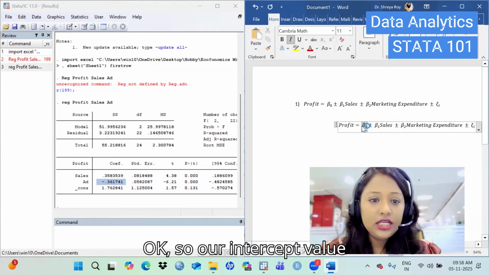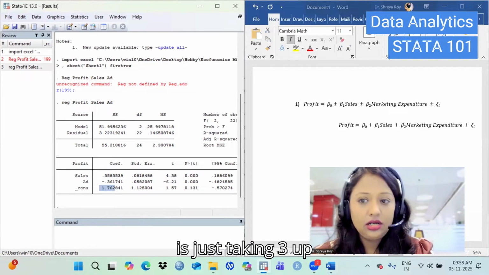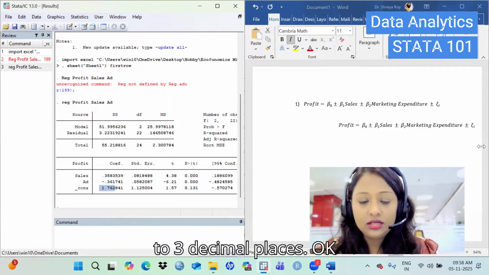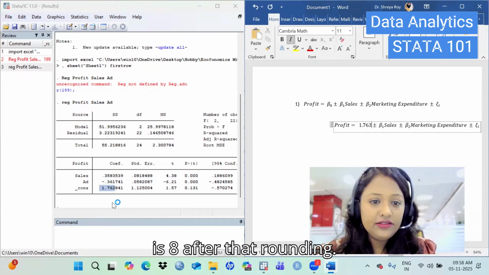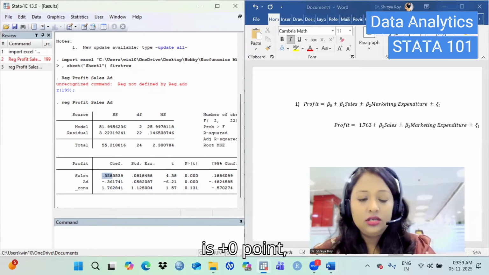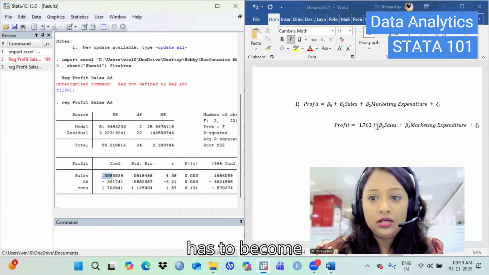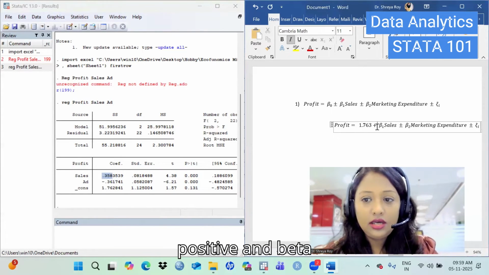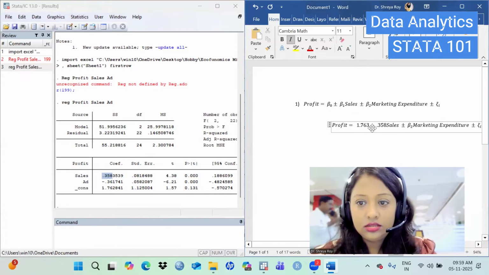Our intercept value, taking it up to 3 decimal places, rounding off because there is an 8 after that. Beta 1 is positive, so this also has to become positive, and beta 1 becomes this.